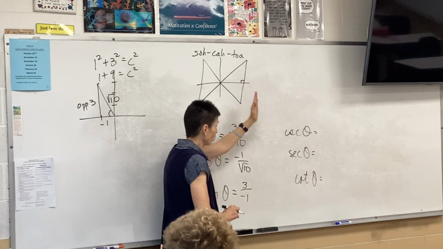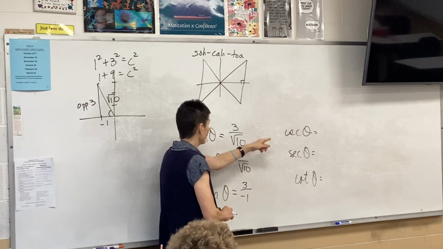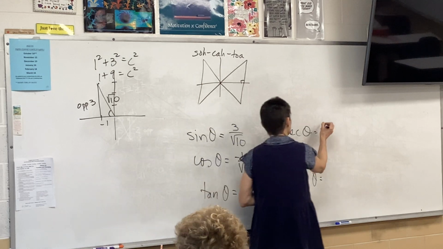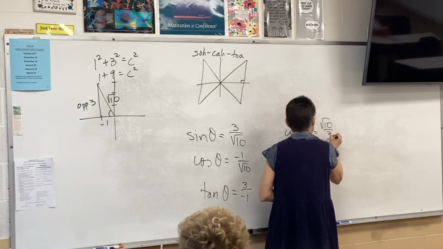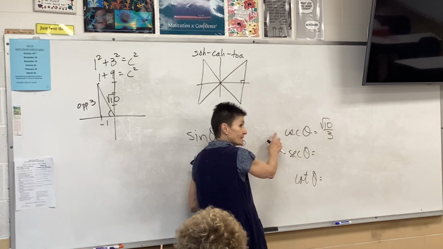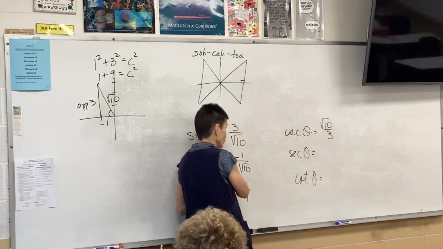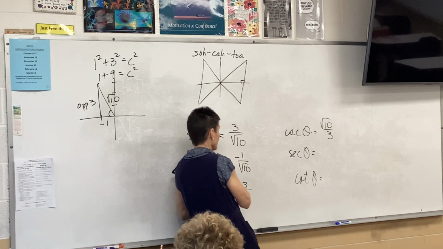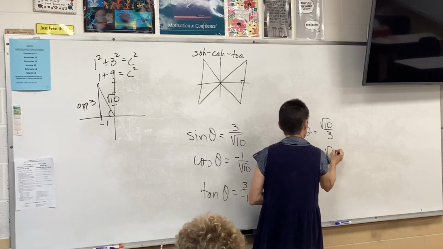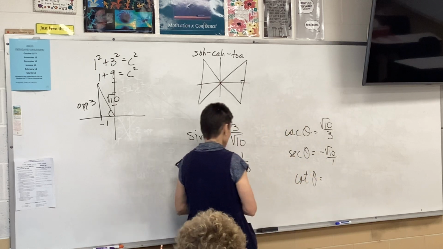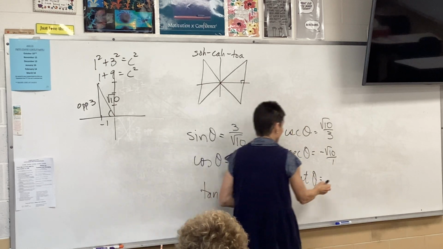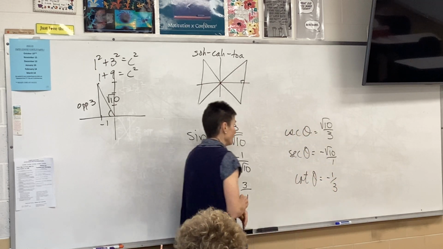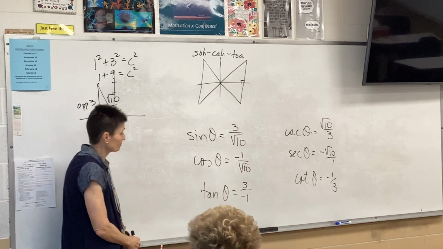And then we can do our reciprocals. Cosecant is the reciprocal of sine. Remember, I won't always have these nicely lined up for you. You need to learn that the cosecant is the reciprocal of the sine. The secant is the reciprocal of the cosine. And of course, cotangent is the reciprocal of tangent.